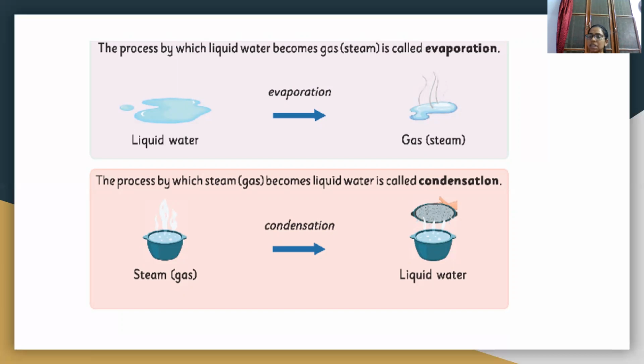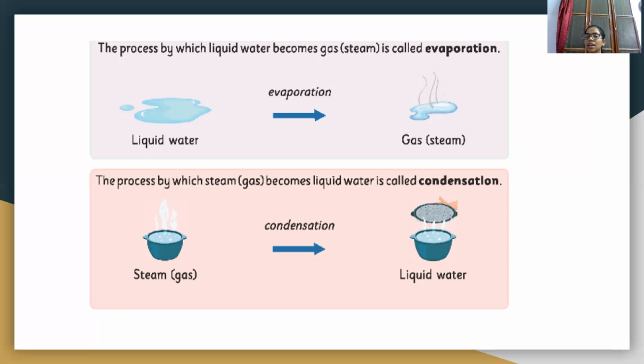So the liquid is converted into steam or gas during the boiling of water. It starts heating and is converted into a gas or steam. So the process by which the water becomes gas or steam is called evaporation.